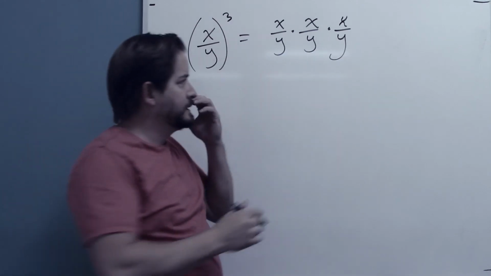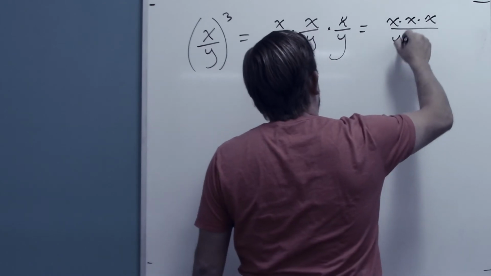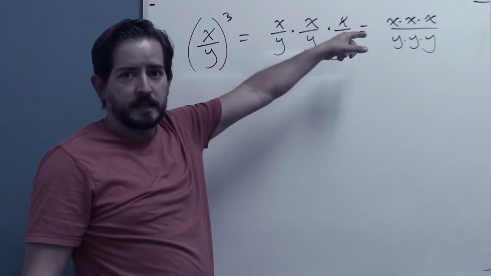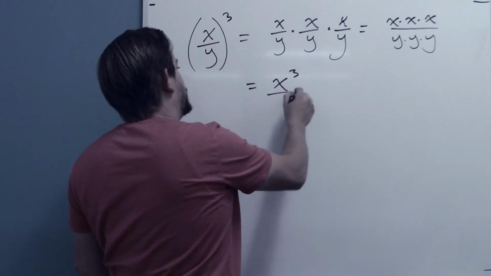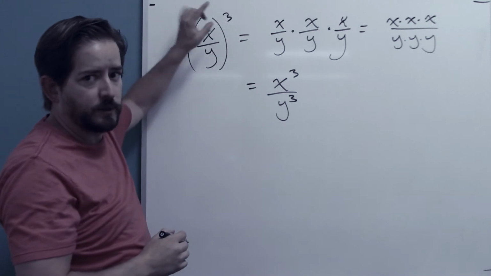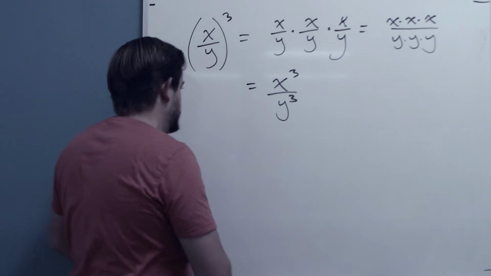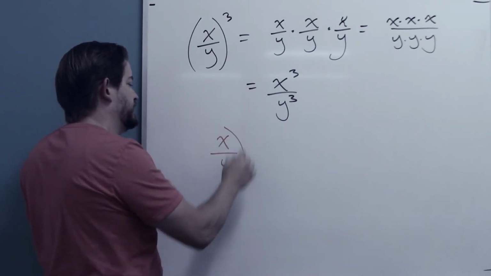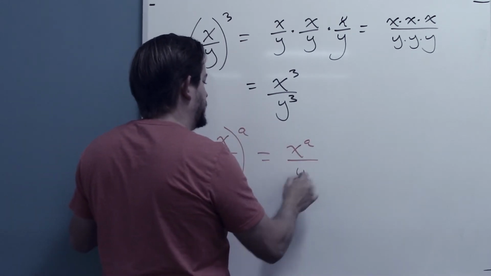But if I'm multiplying, this is just simply the same as taking x times x times x in a numerator and y times y times y in a denominator. But I can also write x times x times x as x to the third, y times y times y is y to the third, and so that same property appears here, that if I have a quotient that gets raised to a power, the numerator gets that power and the denominator gets that power. And we would write this way: x over y all raised to the a is the same as x to the a divided by y to the a.